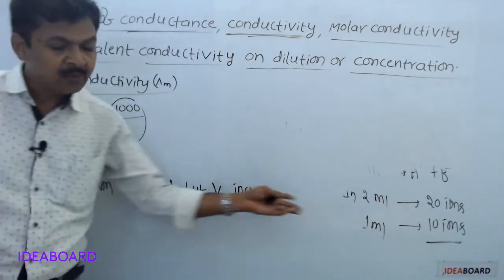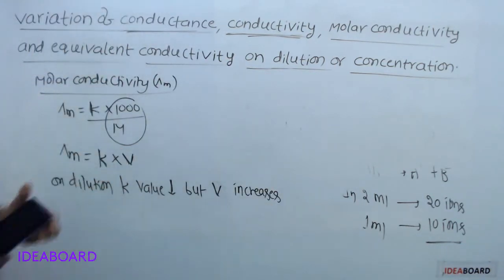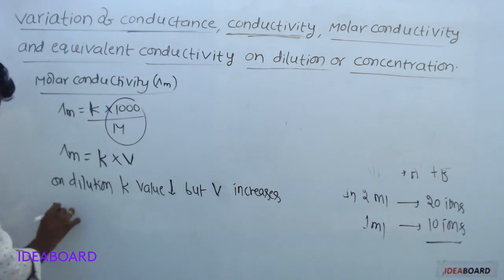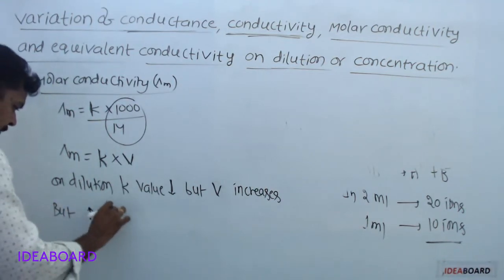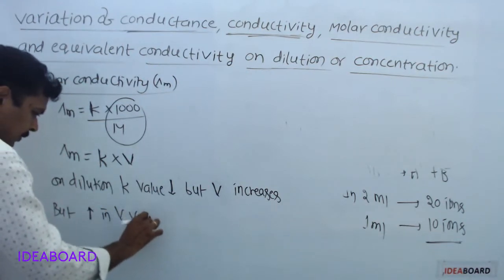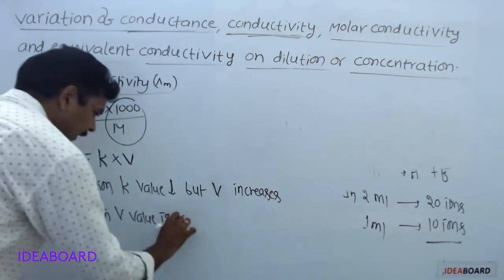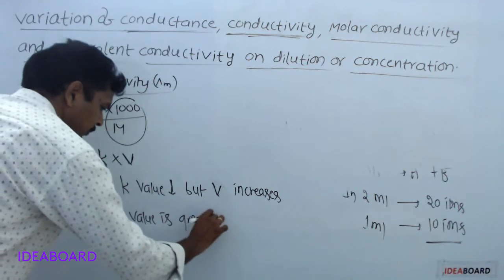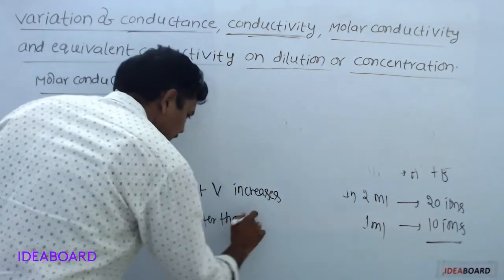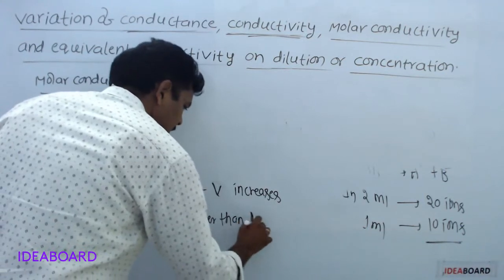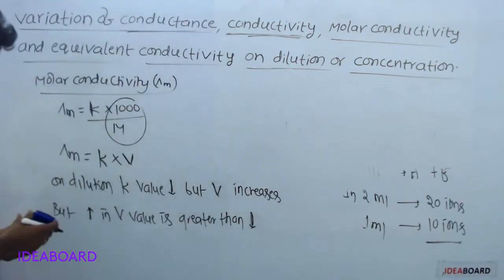But this increase in volume is greater than the decrease in kappa value.